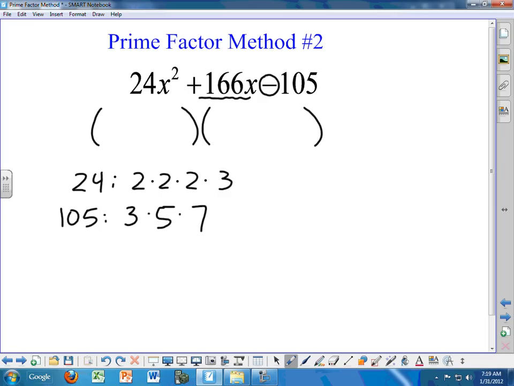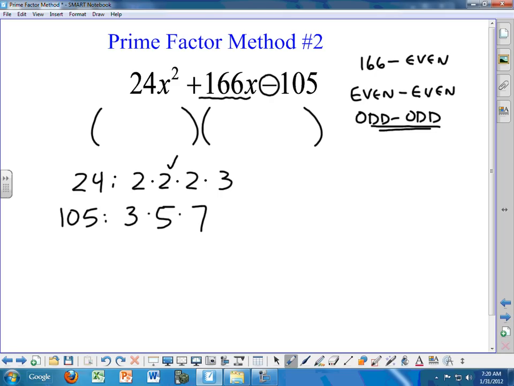Well, this is a very tricky problem because the 166 is an even number. So the only way I'm going to generate an even number is if I take an even number and subtract another even number. Now, I could also do it with odd minus odd, but that's not going to be possible because I have 2's as some of my factors.